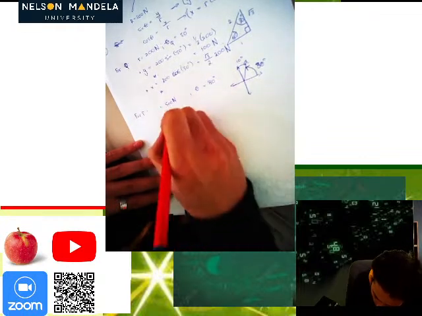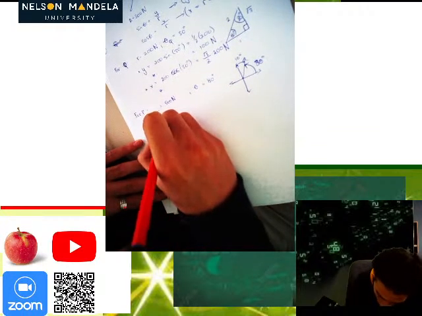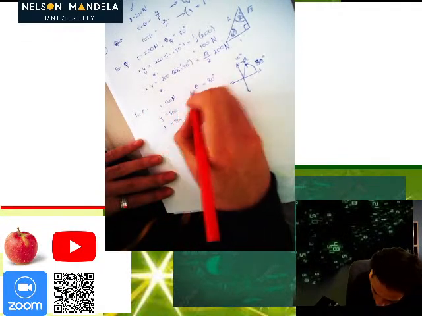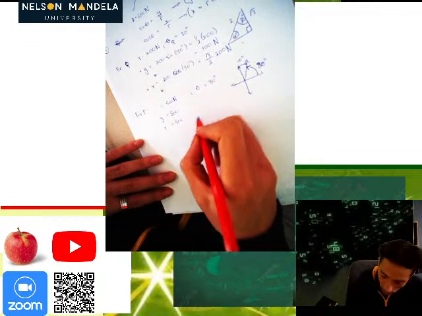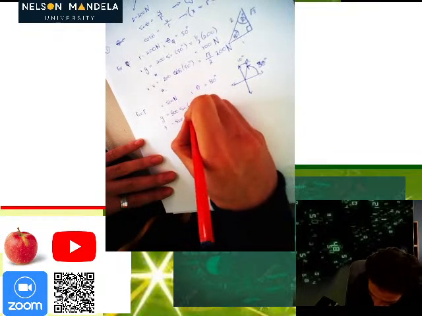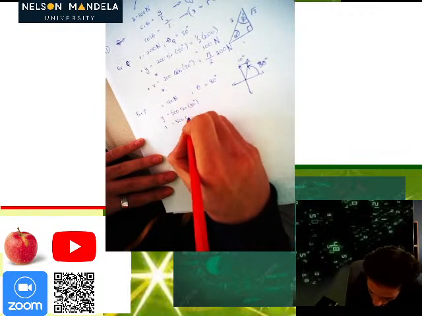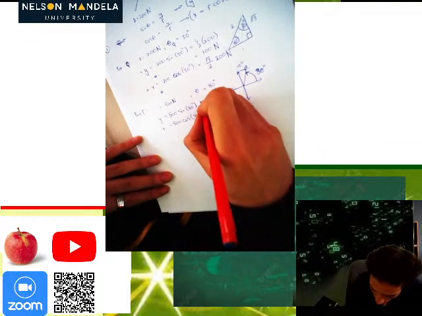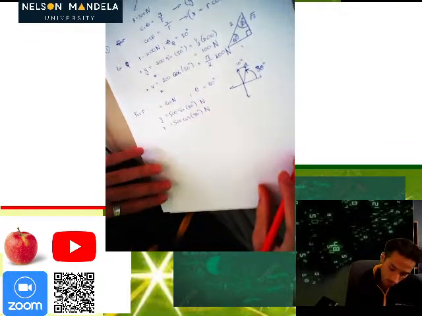Just applying the same concept for y and for x, we have 500 sine 80 degrees and 500 cosine 80 degrees, which will give a result in newtons.